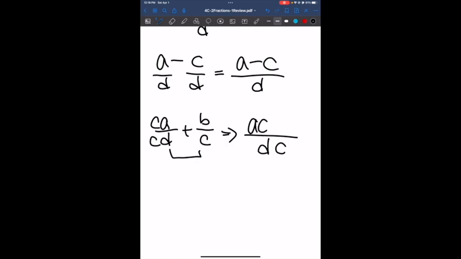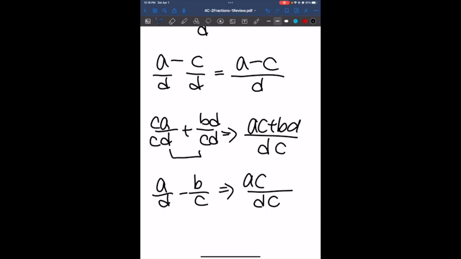Also, same thing, we had to multiply D here, so we also multiplied D there. Same thing for subtraction. It's going to be AC minus BD.